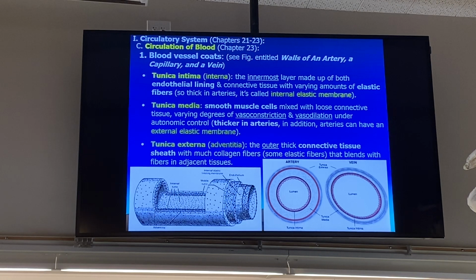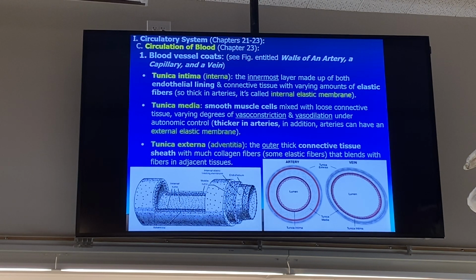Your ureters have adventitia. Your esophagus has adventitia. 9 out of the first 10 inches of your small intestine, duodenum, has adventitia.